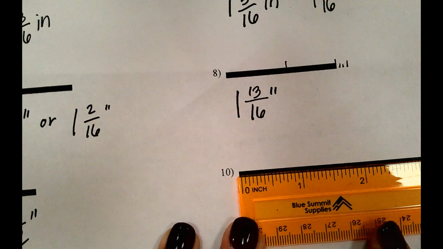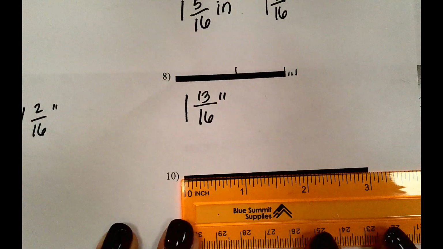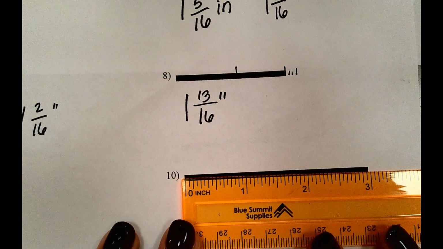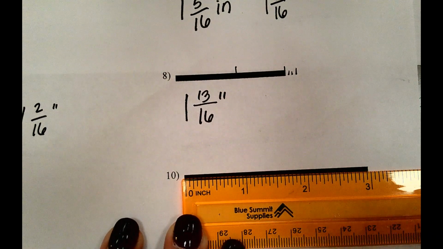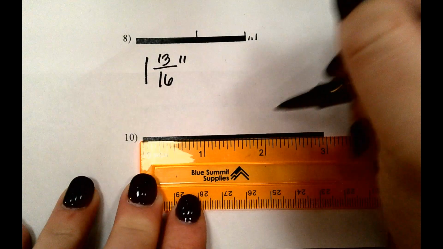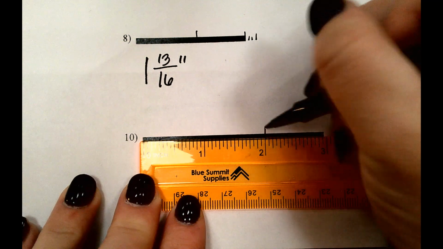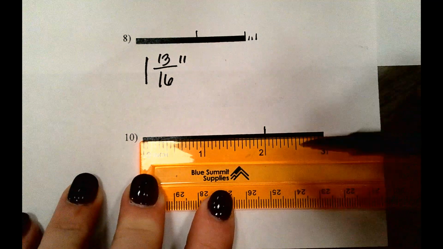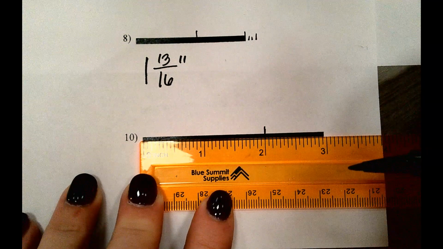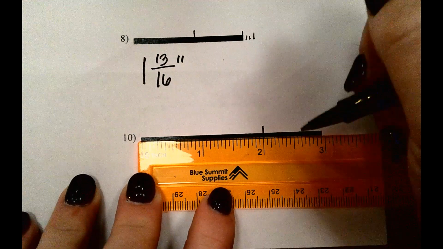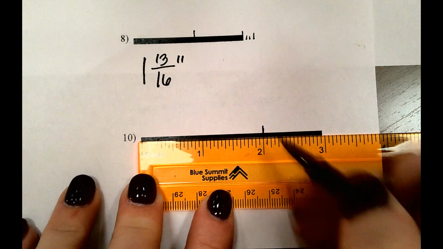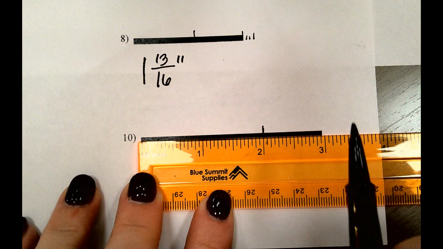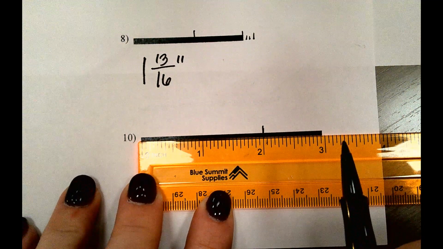What do we get? 2 and how many 16ths? 2 5/16. Did anybody get something different, or has everybody got that? Is it 15 or is it 5? Let's see. So, yes, it's 15. Good, good. Somehow I put 3 15/16. Huh.